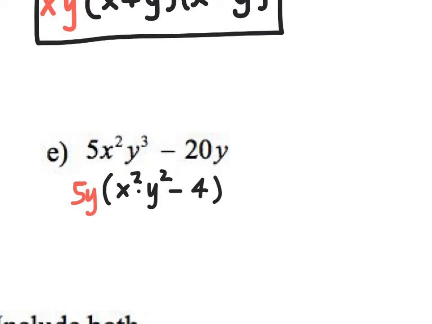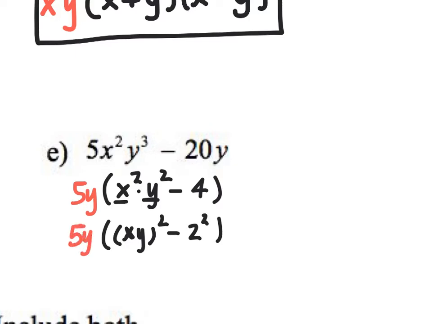Now what I notice here is something squared times something else squared. I can rewrite that as the quantity xy squared minus, and then 4 is a perfect square, which is rewritten as 2 squared. And I'm going to keep my 5y on the outside. Now what I notice is I have the difference of squares.